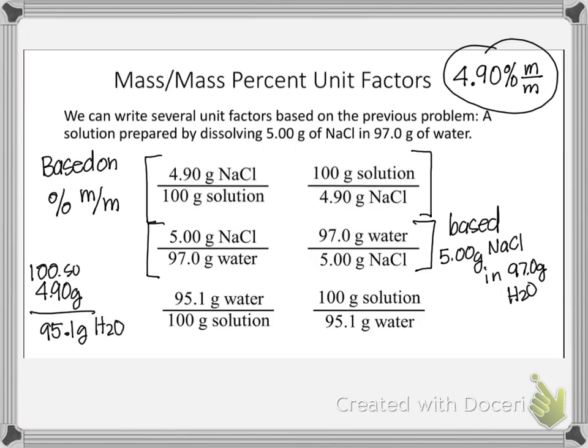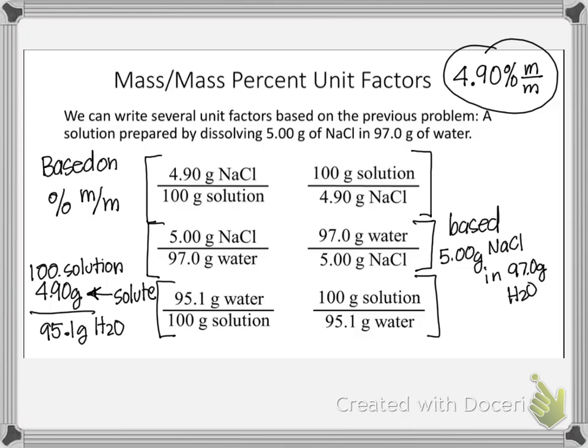So if you have 100 grams of solution, the 4.9 grams, which we got from the first one, is the solute. So the remaining must be the water. And we get this, which compares water to solution. So these are three factors.